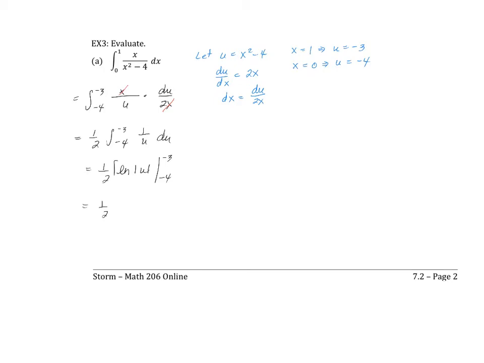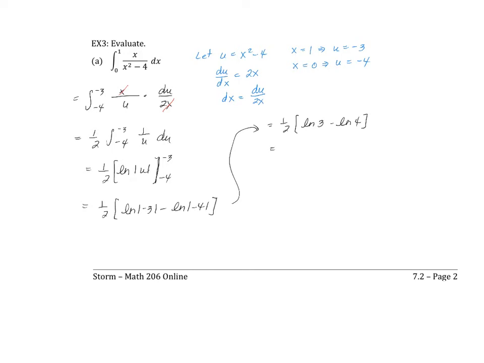I think I'm going to keep this 1/2 on the outside and evaluate natural log absolute value of negative 3 minus natural log absolute value of negative 4. Okay, I need more space. So the absolute value of negative 3 is just 3. Absolute value of negative 4 is just 4. So this is going to be 1/2 times the natural log of 3 minus the natural log of 4.